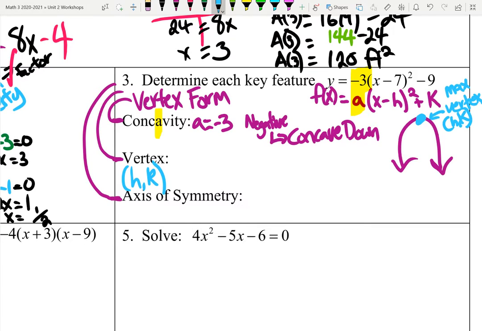And the reason why is when you compare in vertex form, H, K, so I know the vertex without graphing is going to be 7, -9.